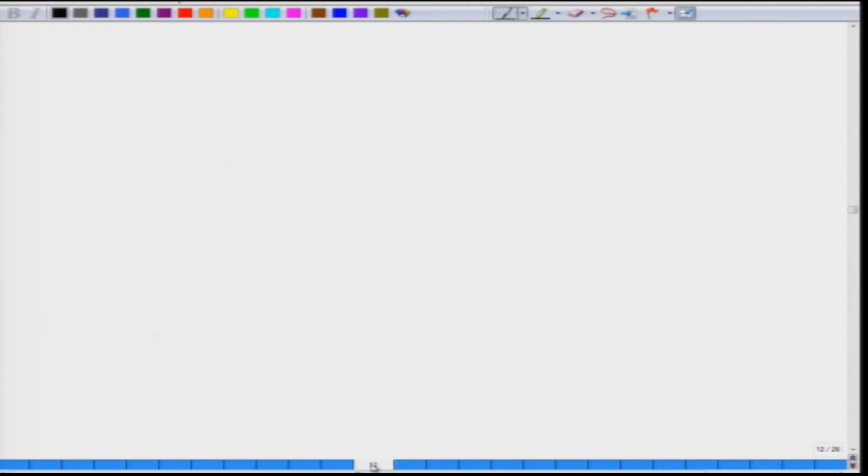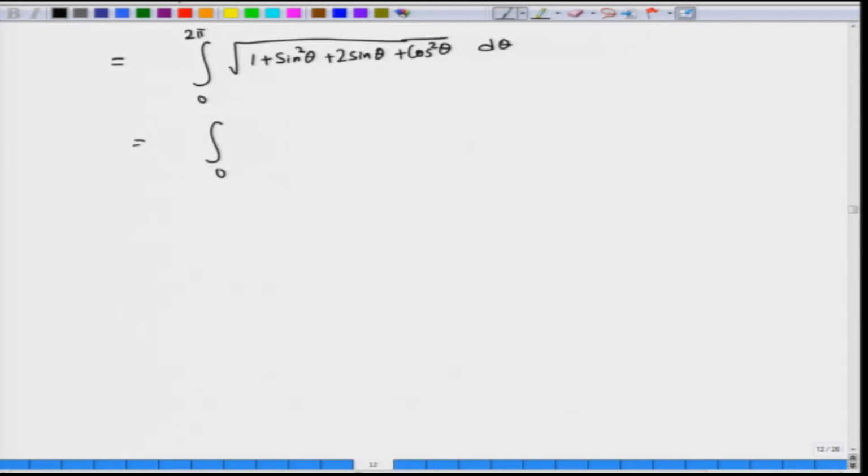Which will be equal to the integral from 0 to 2 pi of the square root of 1 plus sin square theta plus 2 sin theta plus cos square theta d theta, which is equal to the integral from 0 to 2 pi of the square root of 2 plus 2 sin theta d theta.